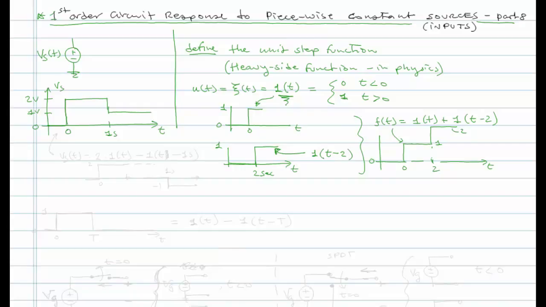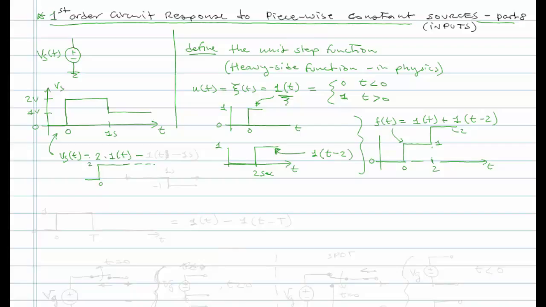So now let's think about how we could construct this signal here. We could construct this as Vs of t is equal to, well, we see a step at time 0, but it steps by 2. So we'll say 2 times 1 of t, and that would give us the step at time 0 going up to 2, but it just keeps going, right? At 1 second, though, we need to reduce that by 1 volt.